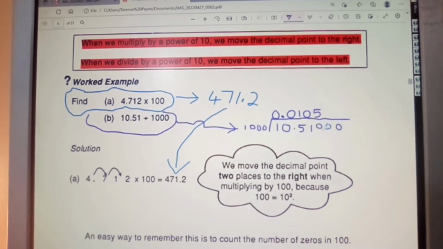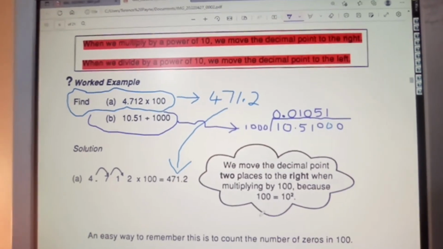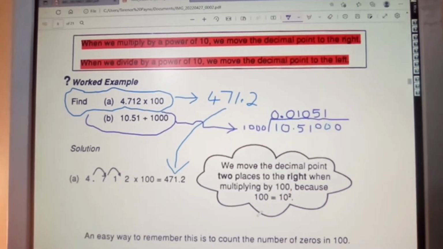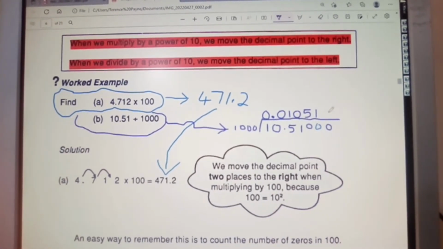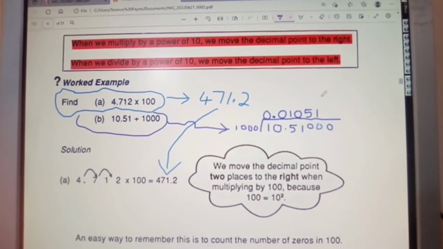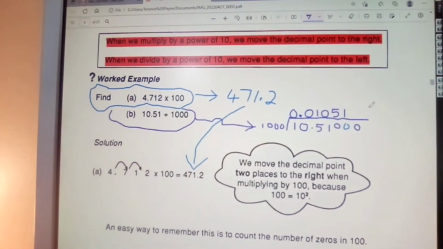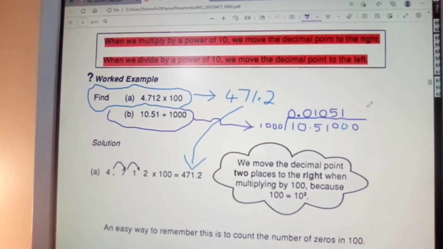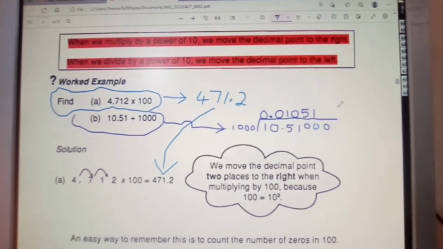And 1,000 into 1,000 goes once. All right. And our answer equals, and that is our answer, 0.01051.